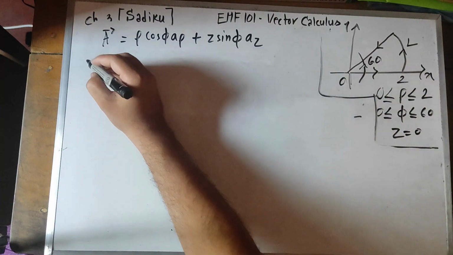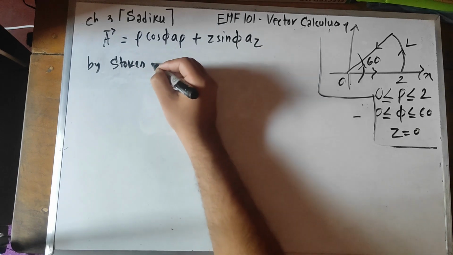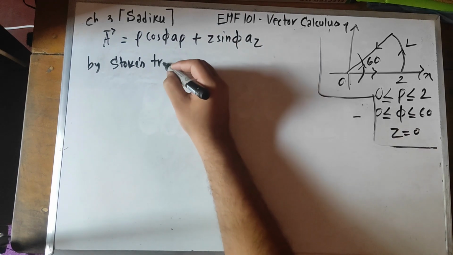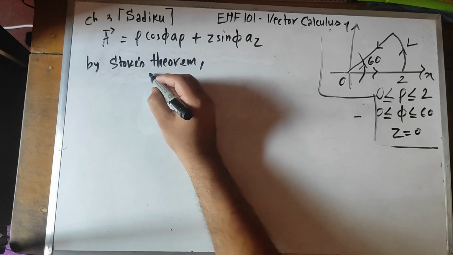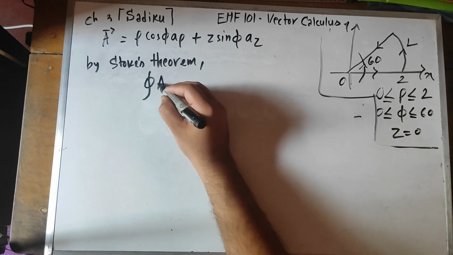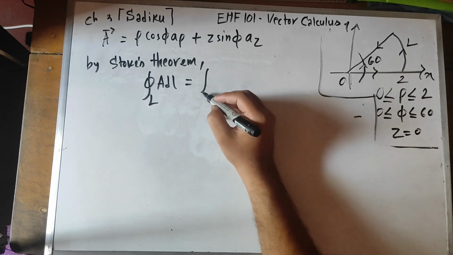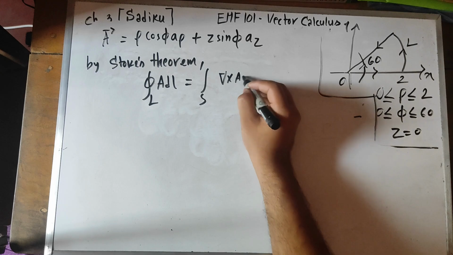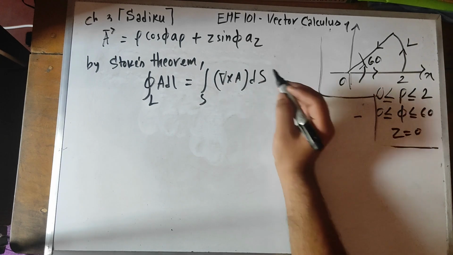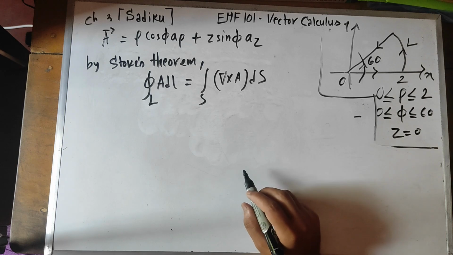Now by Stokes' theorem, the line integral along the closed path can be represented by the surface integral of the curl of the vector, ∫(∇×A)·dS.